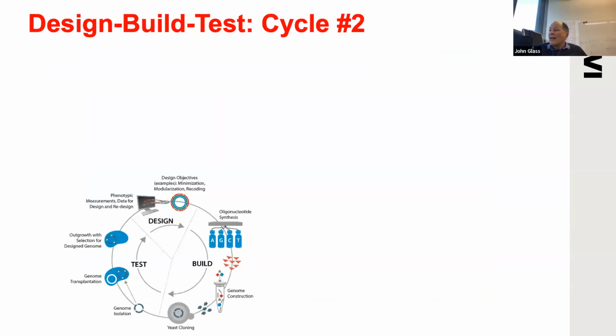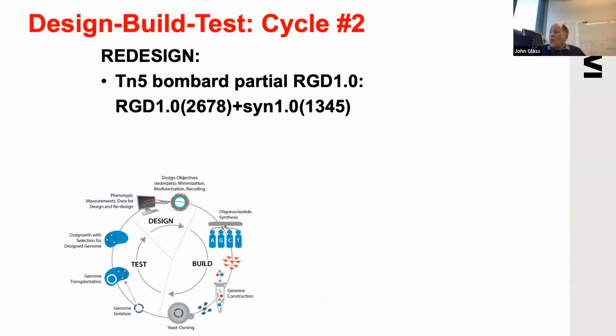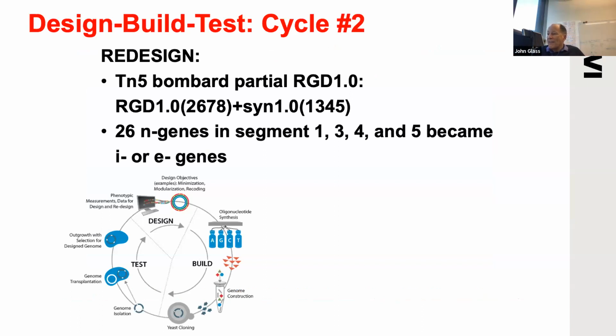So it was time to go back to the drawing board. And we took a genome that was half minimized and half wild type and did a transposon bombardment again. And based on that, what we expect is that genes that were previously not essential will now become quasi-essential or essential.